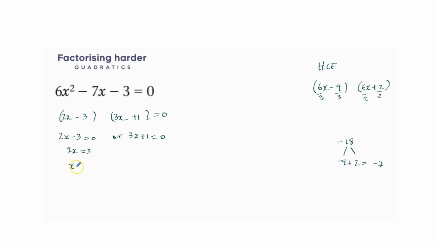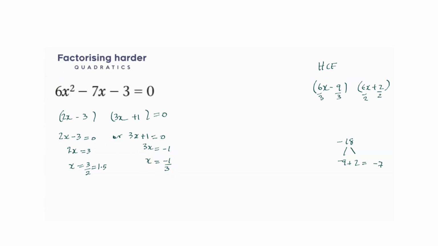So x equals 3 over 2, which is also 1.5. And for this one we subtract 1 both sides, so we have 3x equals minus 1. We divide by 3, so x is equal to minus 1 over 3.